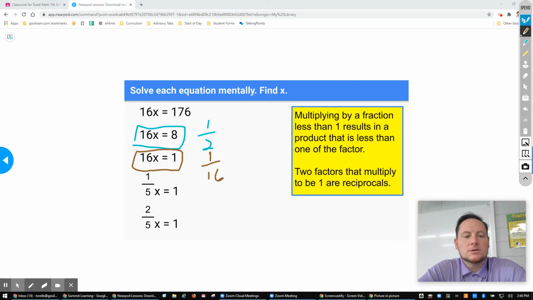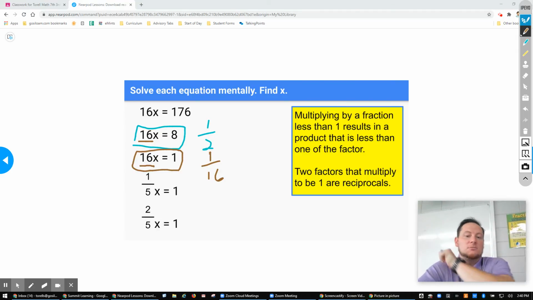So all it's saying is the product, meaning when you multiply something together, that's called the product, is going to be less than what the original factor was. So 16 times something that's less than 1 is going to be something less than 16. And 8 is less than 16, and 1 is less than 16 on both of those.